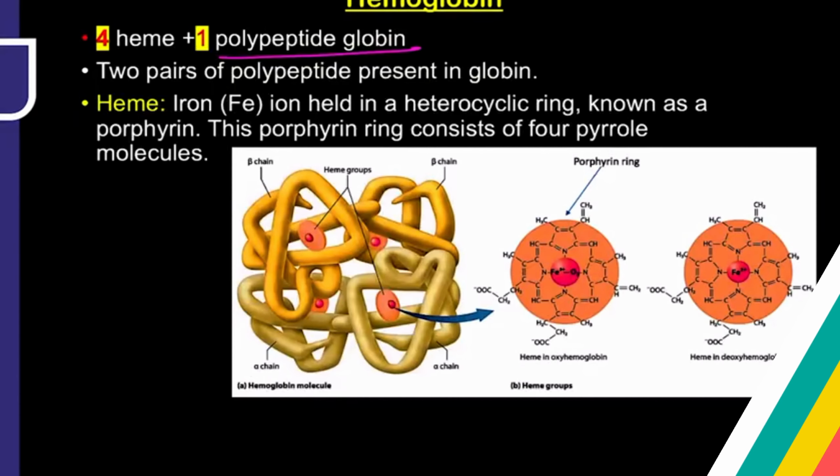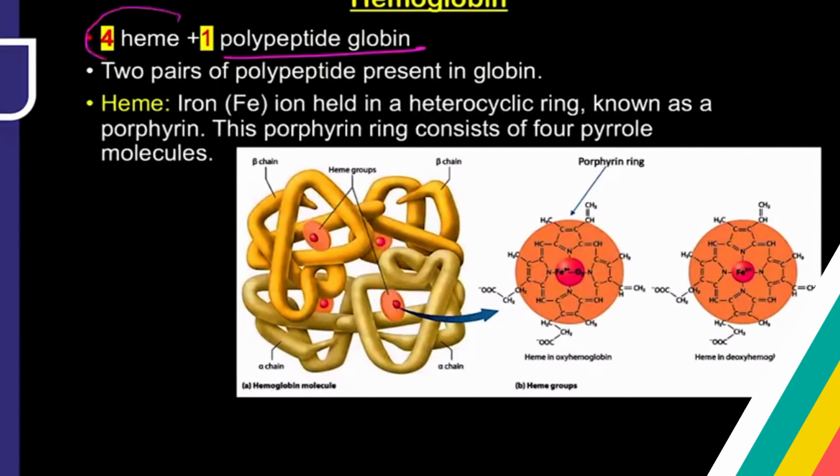So basically, the hemoglobin molecule consists of 4 heme and 1 globin. 1 globin is nothing but composed of 4 polypeptide chains. So here it is written 2 pairs of polypeptide is present in globin. So globin means, don't think it is 4 globin. Combination of 4 chains, 2 alpha, 2 beta, as a whole, they are known as a single globin. So globin means 4 polypeptide chains, 1 globin.